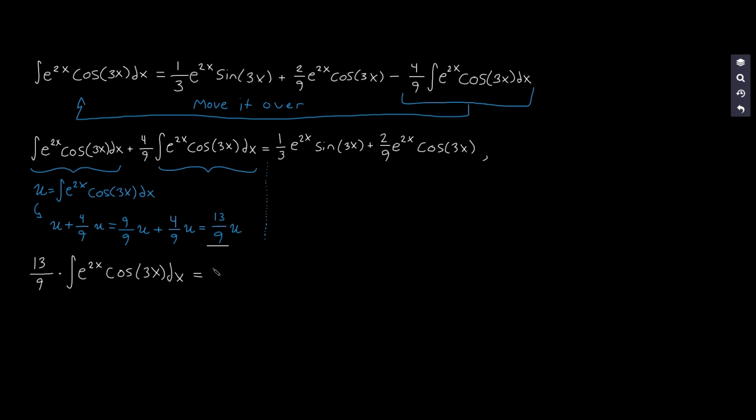And then that equals the right side of the equation, 1 over 3 times e raised to the power of 2x times sine of 3x plus 2 over 9 times e raised to the power of 2x times cosine of 3x.